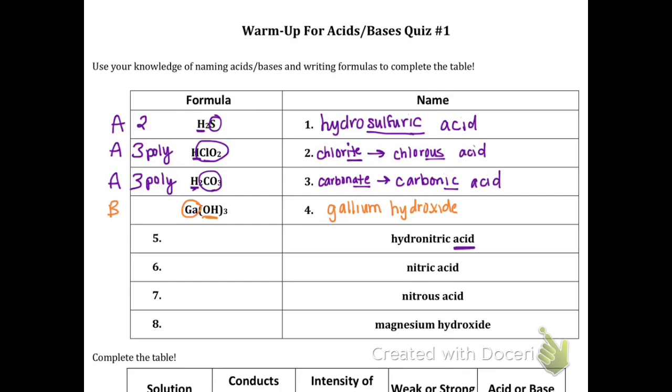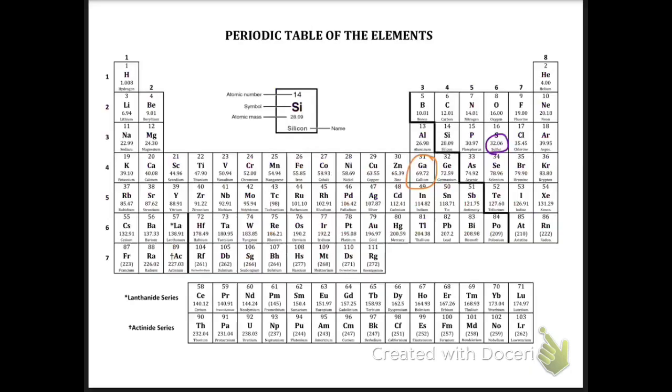Here we have an acid, and it starts with hydro. So we know that it starts with a hydrogen, which is a +1 charge. Hydro means that there's only one other element. So you look at the root, nitra, it's probably talking about nitrogen. And remember the charges here.